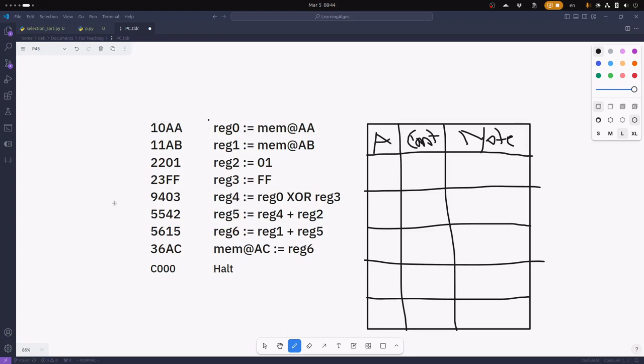This is just for you, because you can think of it as your pseudocode. And then you convert the pseudocode into the machine instructions. That's it, and you are done.